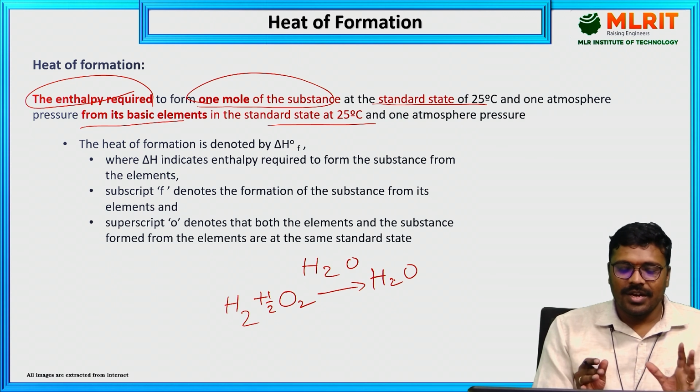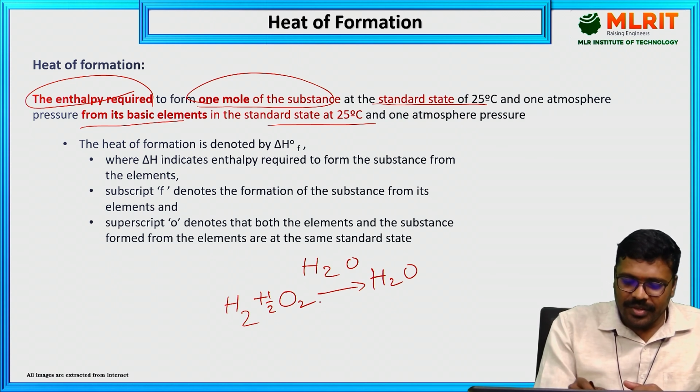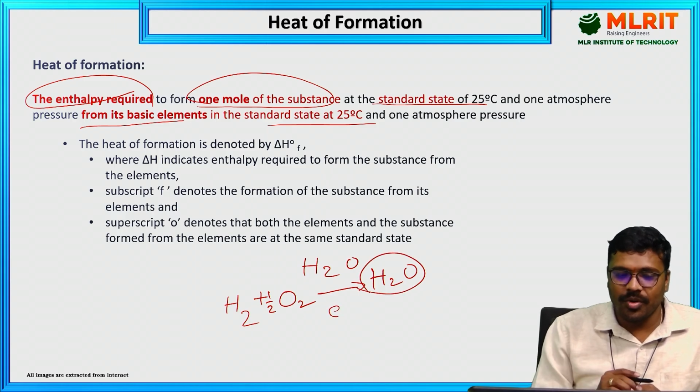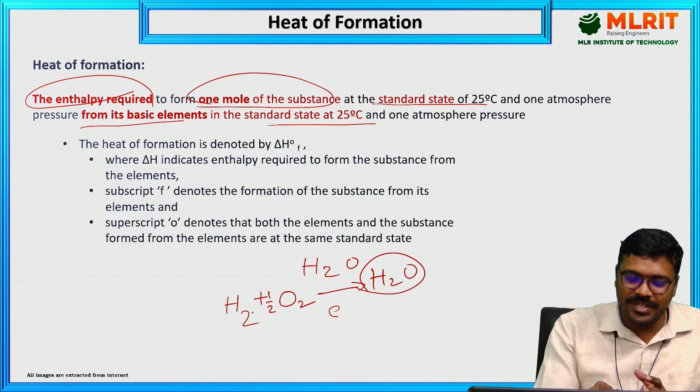So the enthalpy has to be calculated by considering the energy required to form the H2O molecule from its basic elements, hydrogen and oxygen, and this hydrogen and oxygen should be at STP condition. Whatever H2O is formed should also be at STP condition.